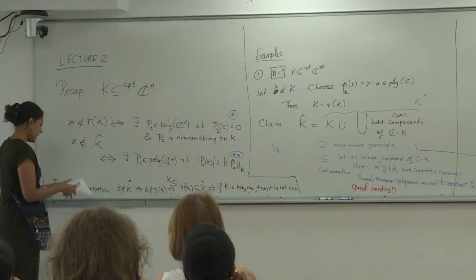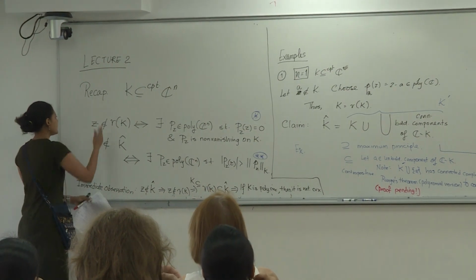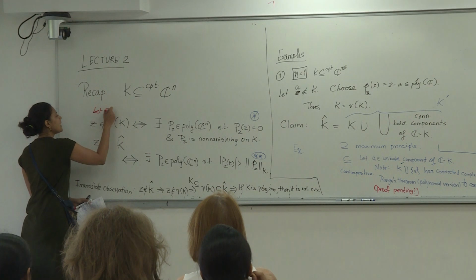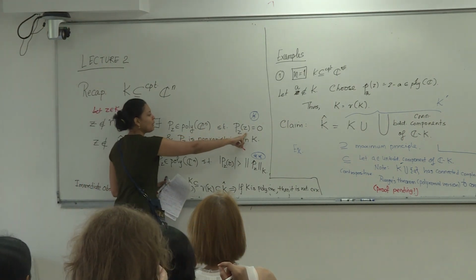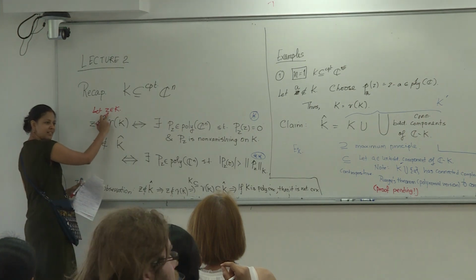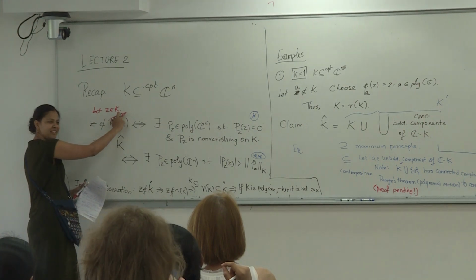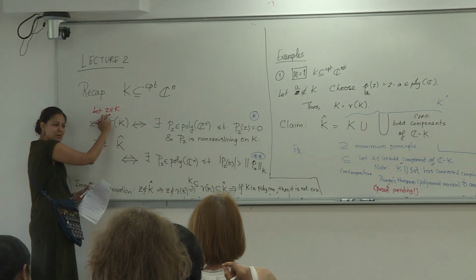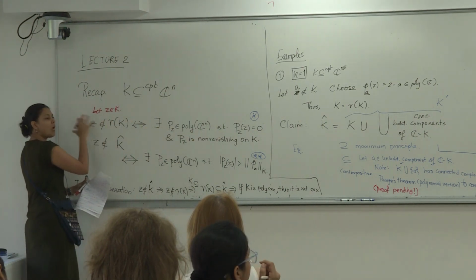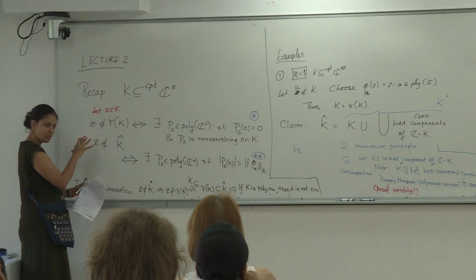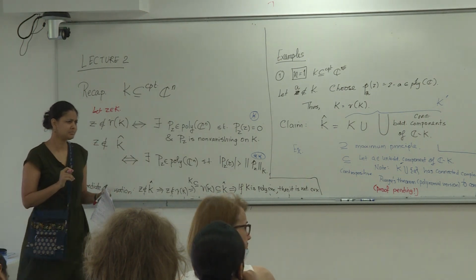Suppose I take a Z in K, let's go via this. So let Z be in K. Is it possible to find a polynomial that vanishes at Z but is non-vanishing in K? No, right? Because it already has a 0 in K. So this cannot happen. So that means Z is always in the rational hull. Okay, does that make sense?